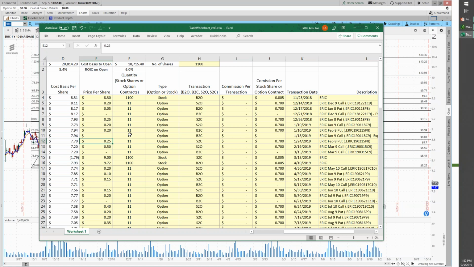In other words, I'm making money on both ends. And my position is protected every time I've got premium sold.